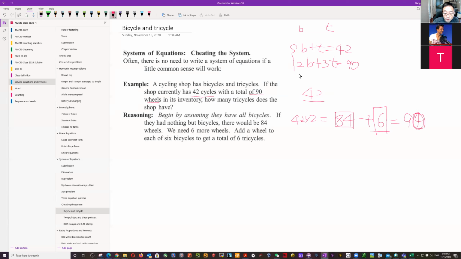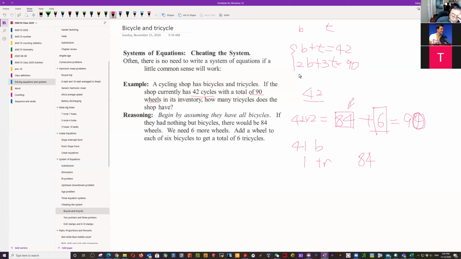How am I going to solve this problem? If I replace a single bicycle with a tricycle, then I can catch up by 1. So if I have 41 bicycles and 1 tricycle, I'm going to have 85 wheels.